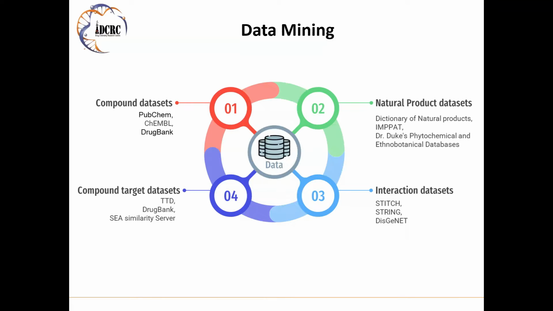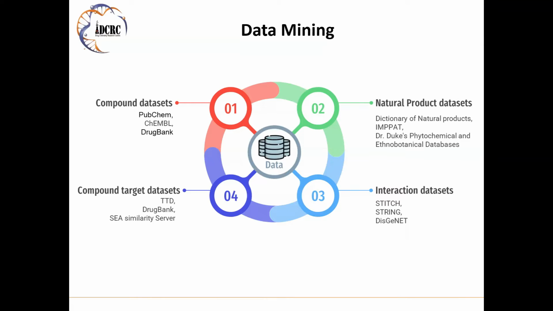Then, once we have information related to compounds, there are certain data sets by which we can get information related to the interactions of these phytoconstituents or chemical compounds, like what their targets are, and how these targets are interacting with each other.